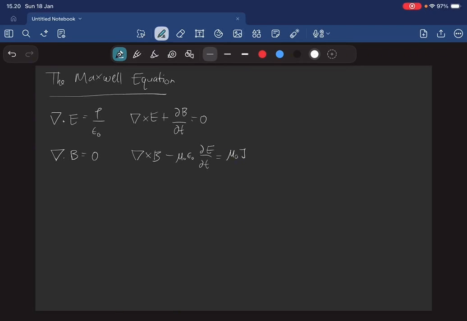The equations involve 2 constants. The first is the electric constant, known also in a slightly old-fashioned terminology as the permittivity of free space, which is equal to 8.85 times 10 to the power of minus 12.